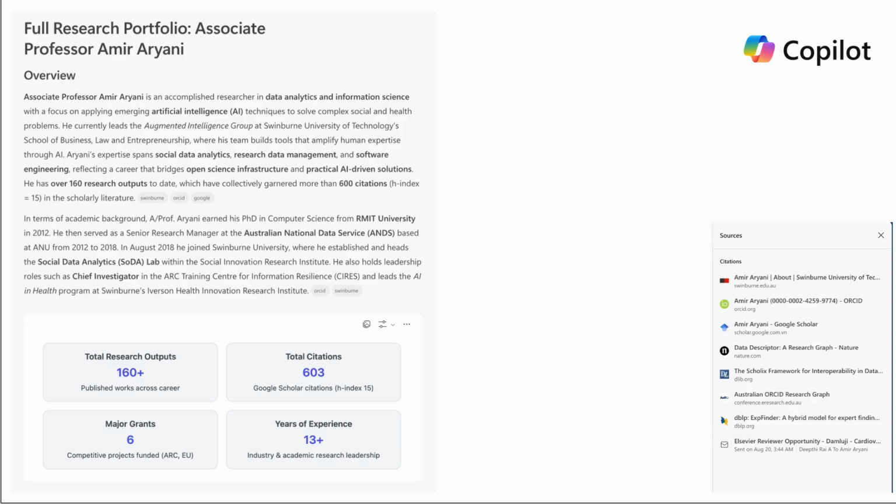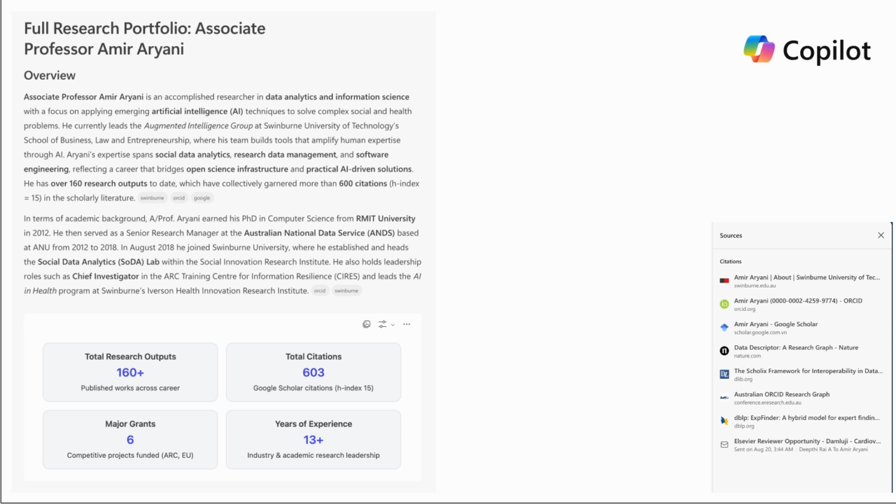But the most interesting one was Copilot. Just to emphasize, this is a Copilot enterprise license. So this one has access to my SharePoint, and it is a Swinburne license of Copilot, so it has access to a lot of background information from the ecosystem of Microsoft, and it's quite extensive.